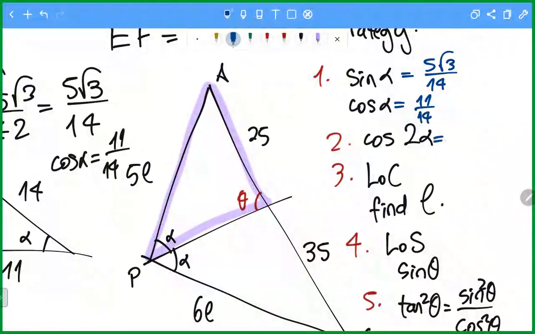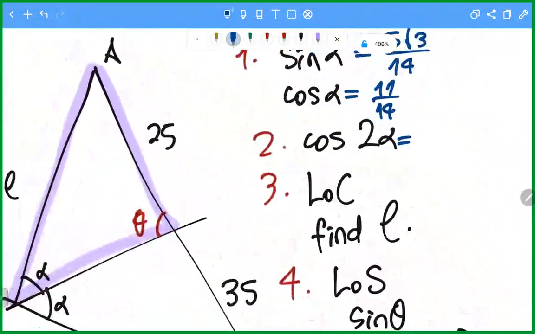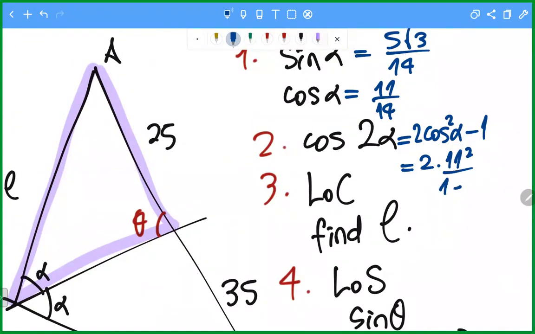So cosine 2 alpha is then, from the double angle formula, 2 cosine squared alpha minus 1. And then this is 2 times 11 squared over 14 squared minus 1. And what is this? So let's calculate this.